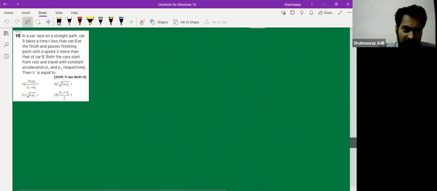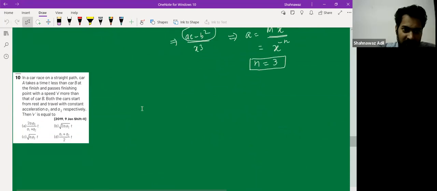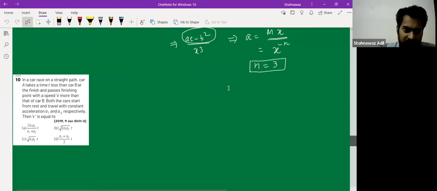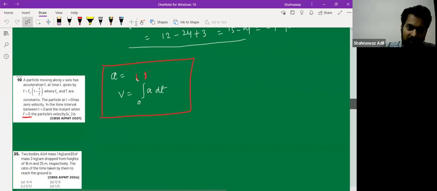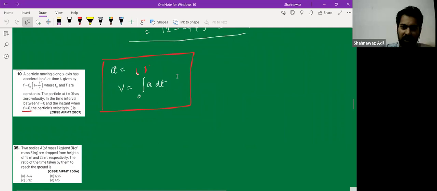This one, right? So what was the final answer for this one? Anna, what was the 10th question? So what was the velocity that you found? 1/2 F40. Yes, this was the right answer.